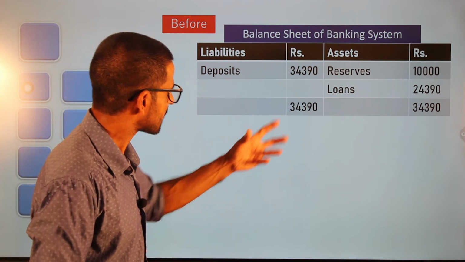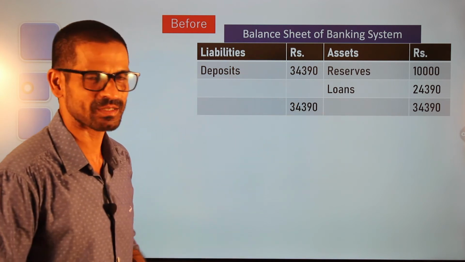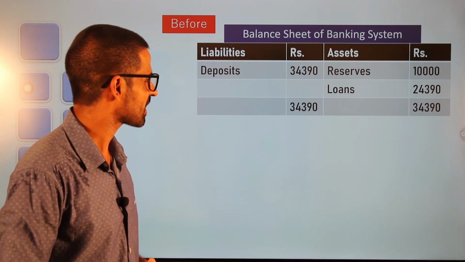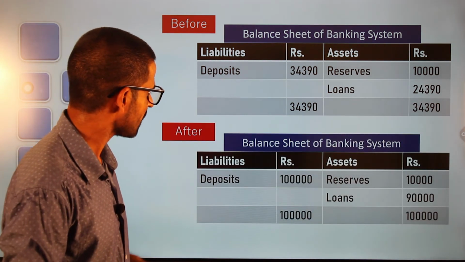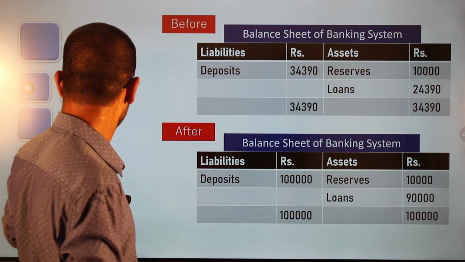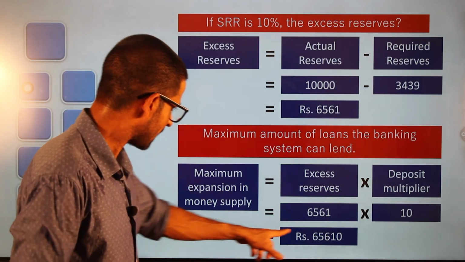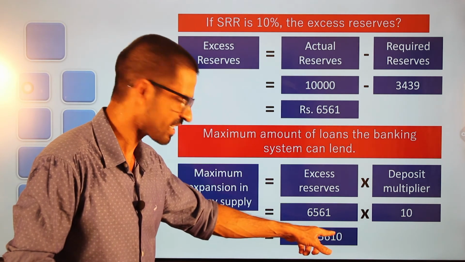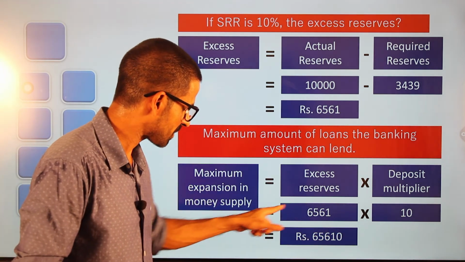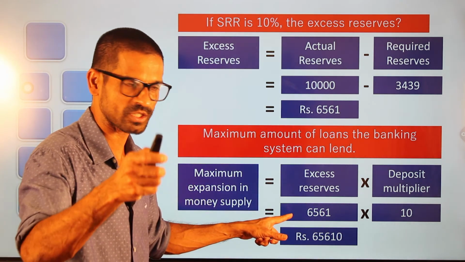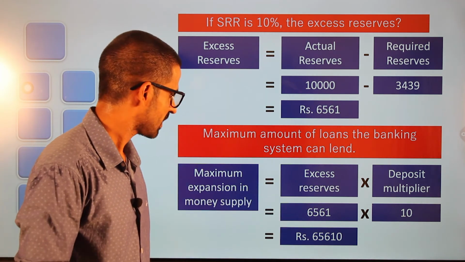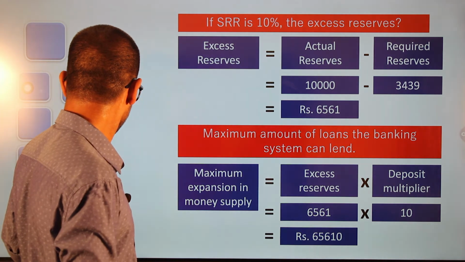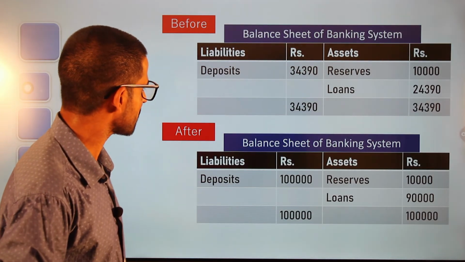Then that should be added to the balance sheet of this banking system, okay. So after, what should be the situation? Let's check this out again. Yes, what is the value? 65,610. This is the maximum expansion in money supply from that point onward. And this is the excess reserve, that into the multiplier.